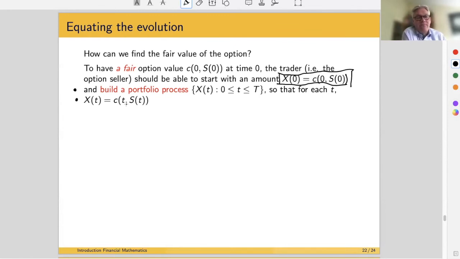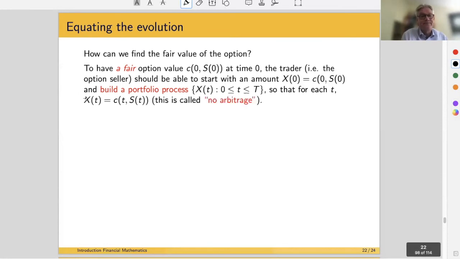That is the aim of the option seller, particularly at final time capital T, the value of the portfolio should be equal to the value of the option, meaning that if the option would be exercised, the value would be present in the portfolio of the option seller.